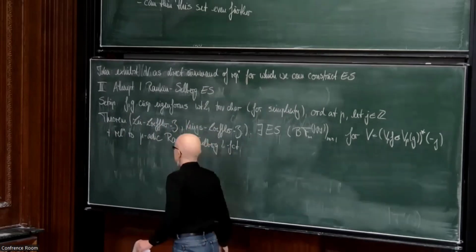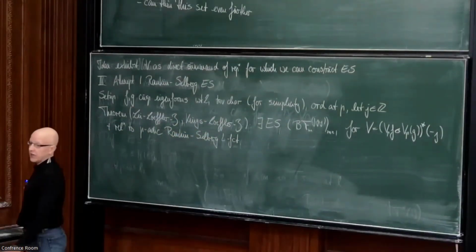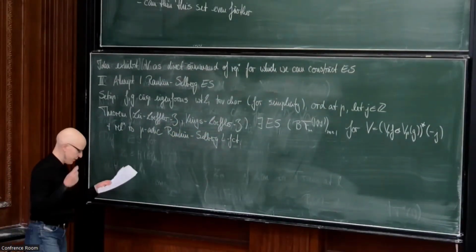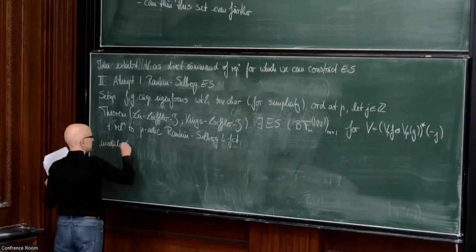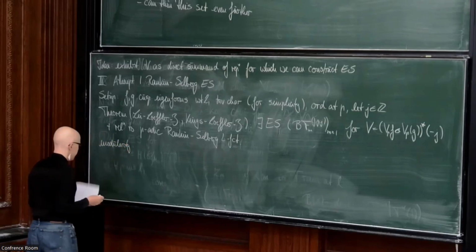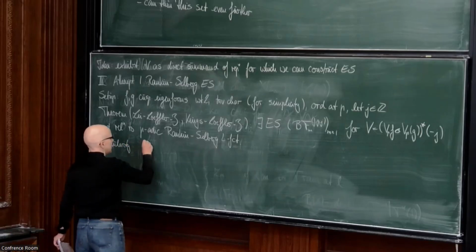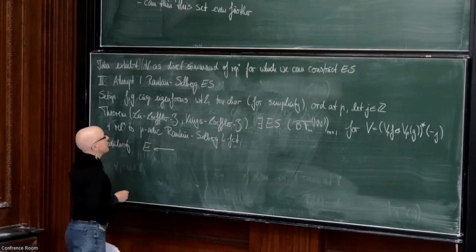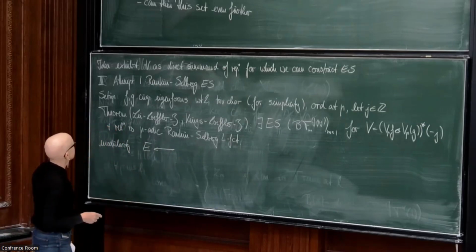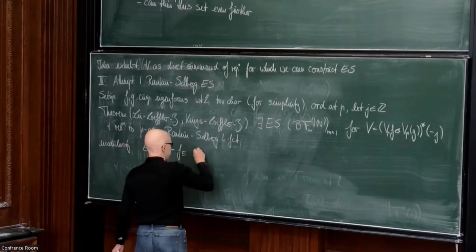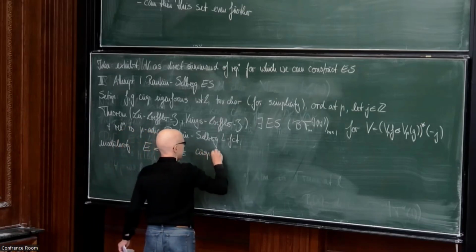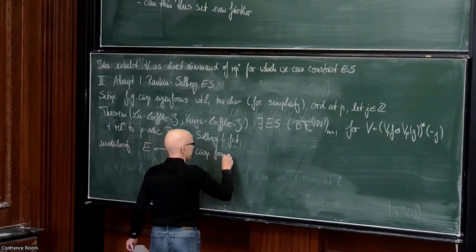Right, so how do we apply this now to the adjoint representation? By modularity, we know that E corresponds to a p-adic cusp form F_E of weight 2.